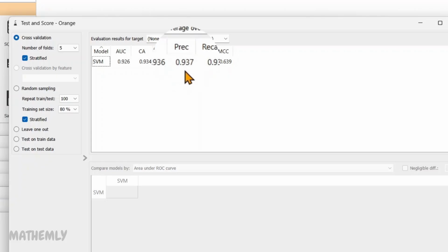The precision score of 0.937 means that out of all customers predicted to accept the loan, 93.7% were correct, which reduces false positives. Meanwhile, the recall score of 0.934 indicates that out of all customers who actually accepted the loan, 93.4% were correctly identified, minimizing false negatives.